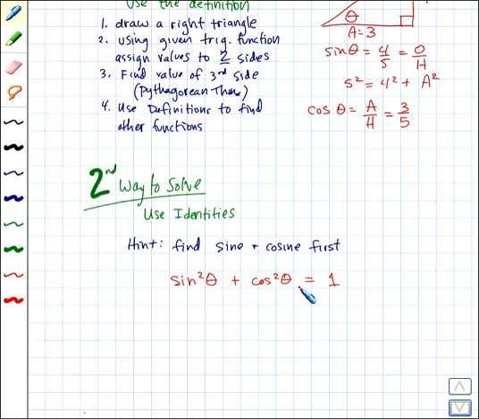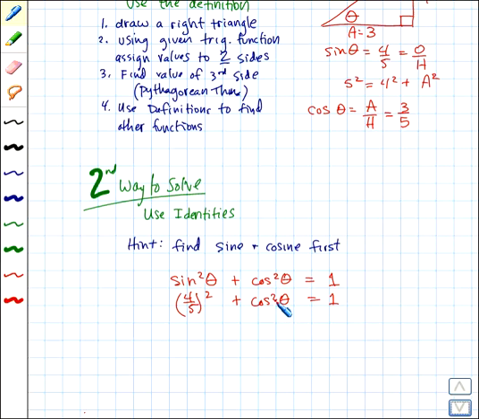Now we were given in our original problem, we're still using the same example as above, and remember that sine of theta was 4 over 5. So sine squared will be 4 over 5 squared, plus cosine squared of theta is equal to 1. And then we're going to solve this for cosine.